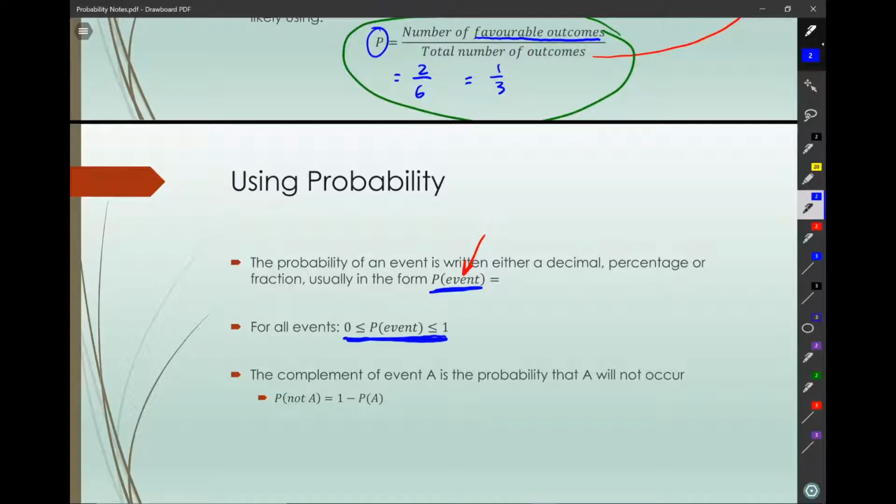And the last important definition we need to look at is the complement. The complement of an event is the probability that the event will not occur. The two events together, the event and its complement, form a pair where the whole probability is equal to 1.